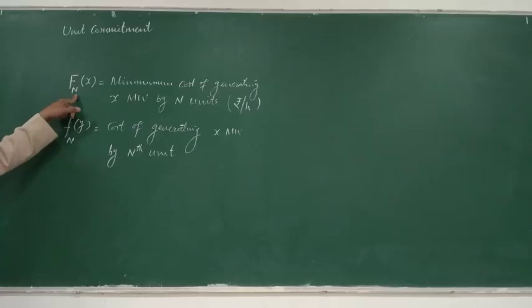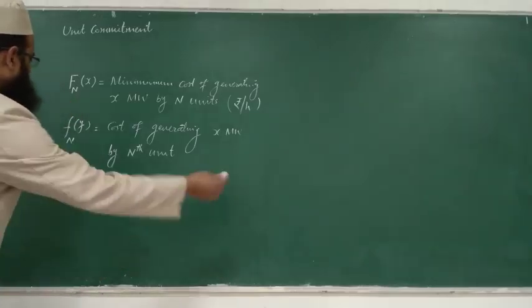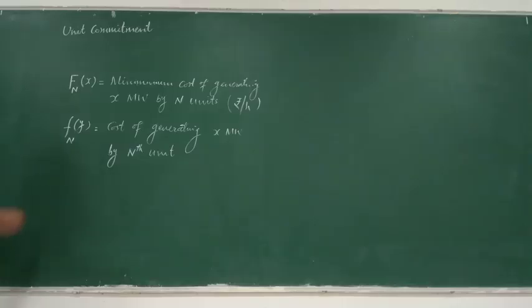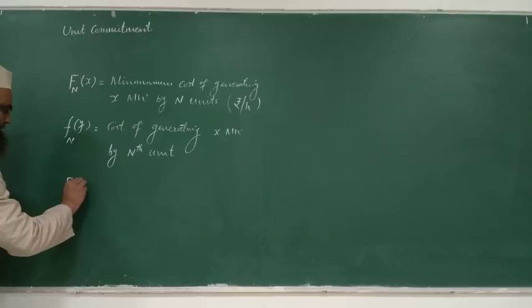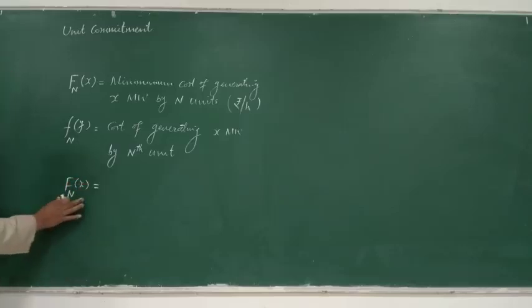Is it not? So we will formulate one recursive relation like this. This is the minimum operating cost corresponding to x megawatt generation by n number of units.